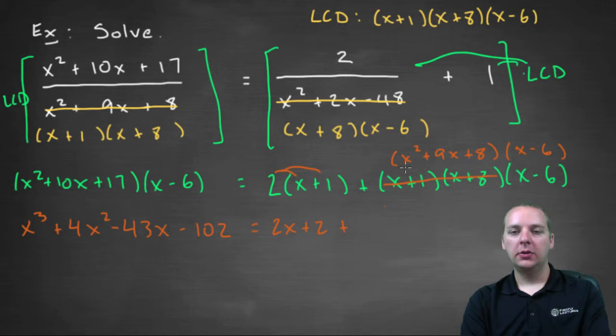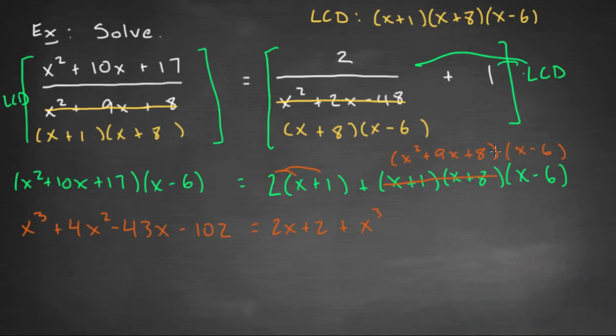So x squared times x would give us x cubed. The x squareds, we would get 9x squared minus 6x squared, so 3x squared, I think. The x's, you'd have minus 54x plus 8x.